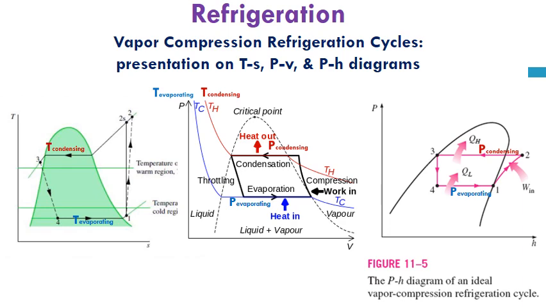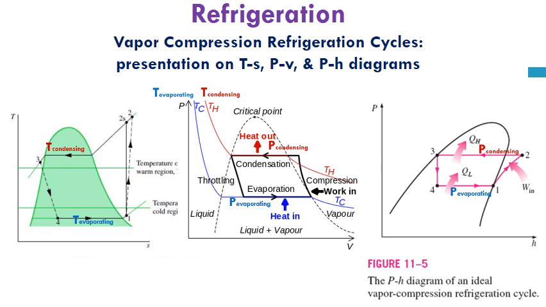And then the final process, vertically presented from point 3 to point 4, decreases the pressure and the temperature using throttling inside the expansion device, which may be expansion valve or capillary tube, using constant H process where H3 will equal H4.